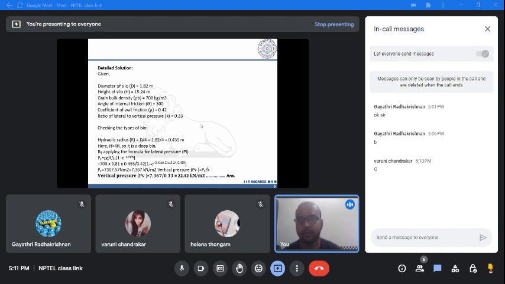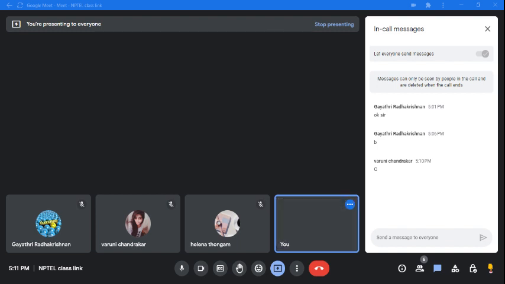Angle of internal friction is 30 degrees. Then coefficient of wall friction is 0.42. The ratio of lateral to vertical pressure is 0.33. That is K.